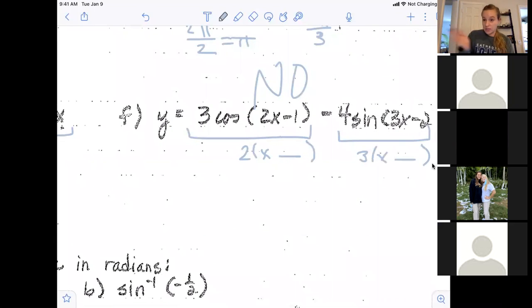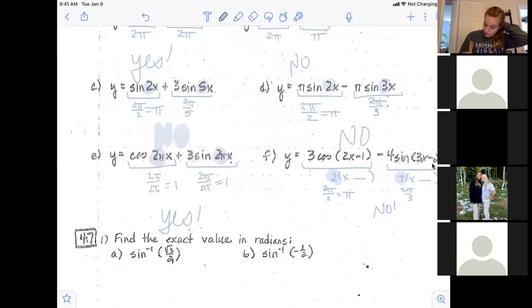The horizontal shift doesn't matter. What matters is the period and the compression or stretch. So 2 and 3, those are different b's, but I can still check anyway. 2 pi divided by 2 is pi, and then 2 pi divided by 3, well, that's not pi, so we're going to say no. That's all that is.